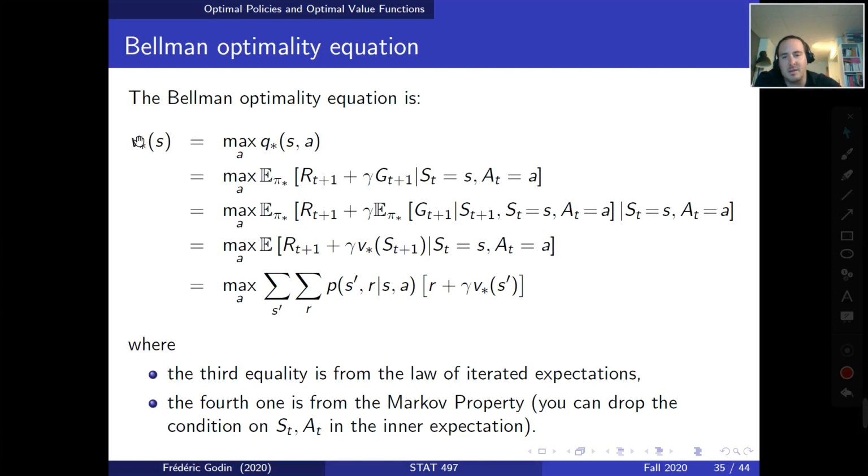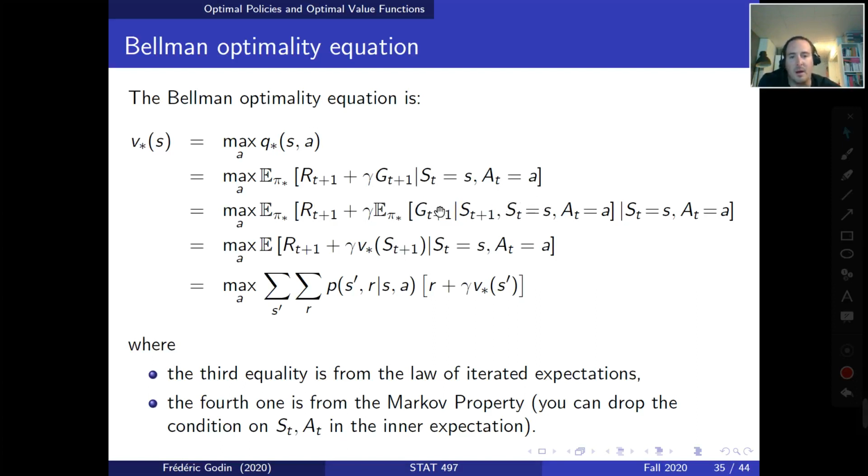This is the first step, and then we can use this to substitute q star by the definition of the Q function. It's the maximum across all actions of the expectation under the best policy of the reward for the next step plus gamma times the return for the next step given your current state and action. And here, once again, we can use the double expectation theorem I just outlined in the previous slide.